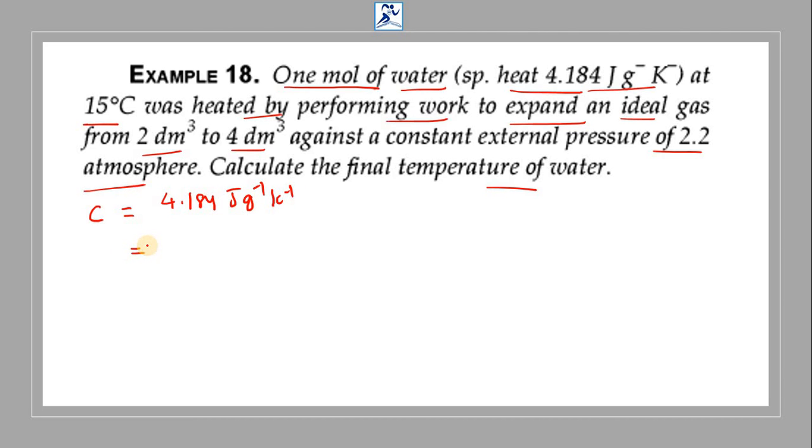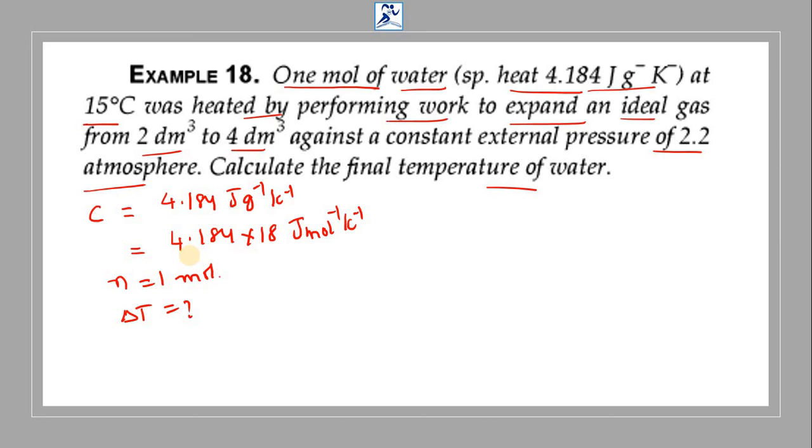But for 1 mole of water, 18 grams is there. So if you multiply this with 18 grams, it will be 4.184 into 18, which becomes joule per mole per Kelvin. And moreover, the number of moles of water n is 1 mole here. They are asking us to find the final temperature of the water.